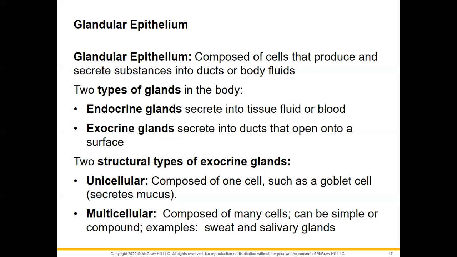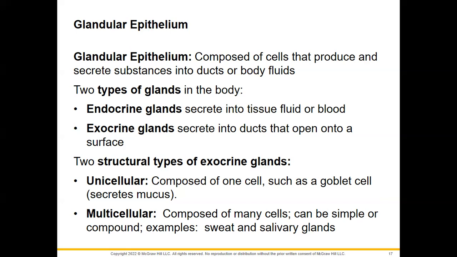up in the bloodstream. Your exocrine glands, they don't secrete directly into a fluid or into the blood, which is also a fluid. It secretes to a surface through a duct. So if you think about an air conditioning duct, a duct is basically a big tube that allows a product to go from one place to another, go from its source to some surface.